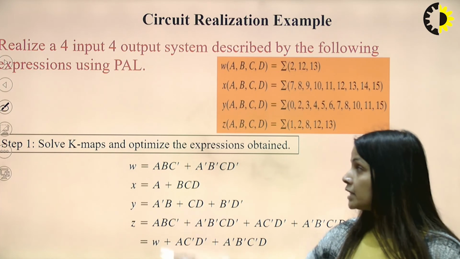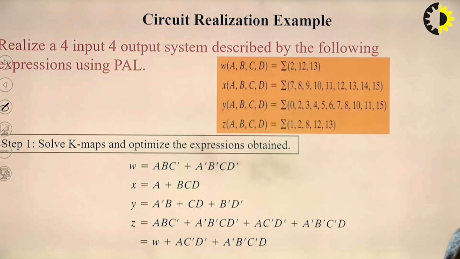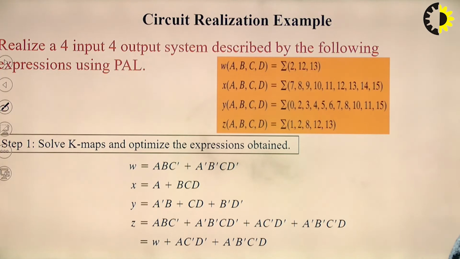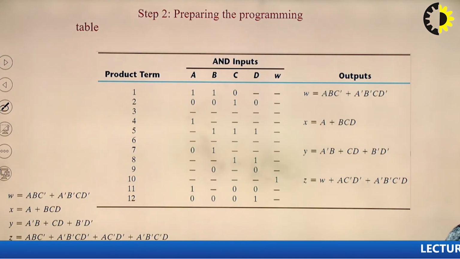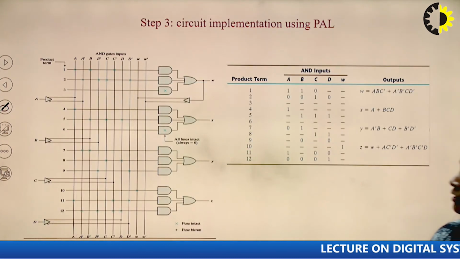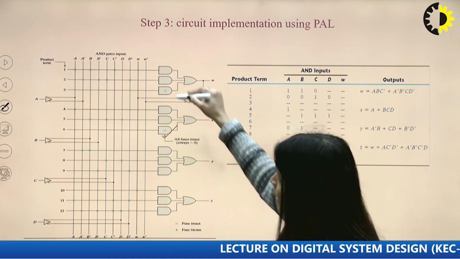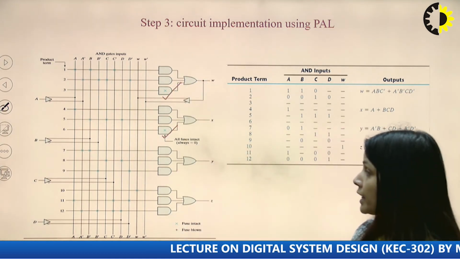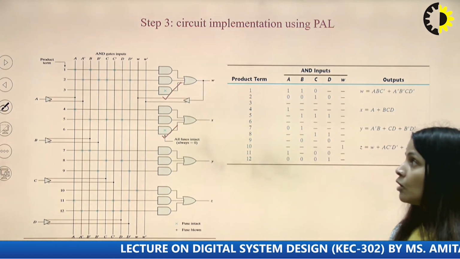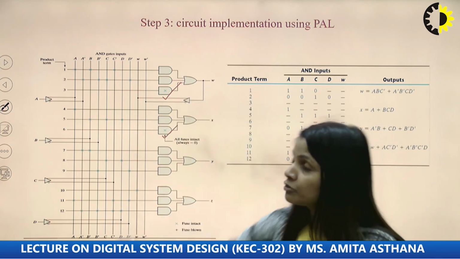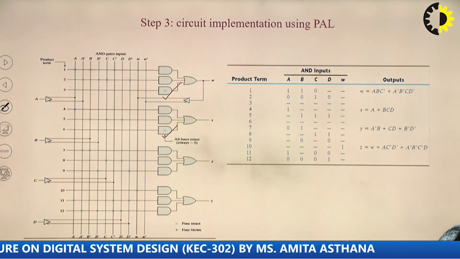We can write the expression and solve the K-map. We can get the expression using these min terms, and after obtaining it we can make the table. Here also we can see that a few AND gates are not being utilized by any output, like x is not utilizing this AND gate and w is not utilizing this AND gate. This is the only difference.